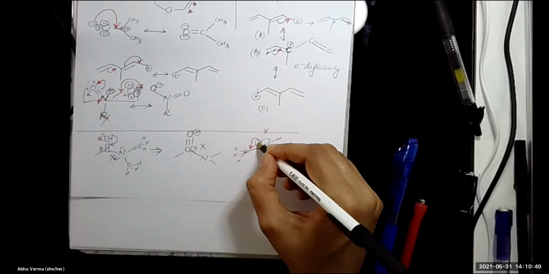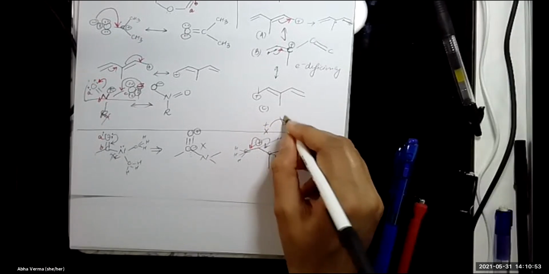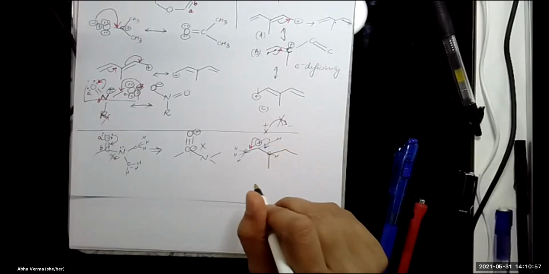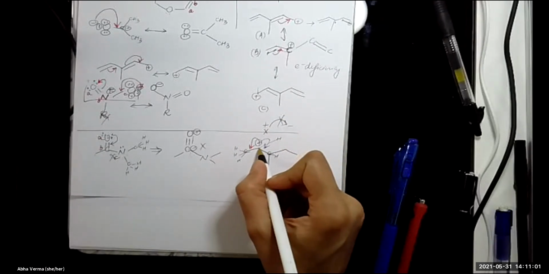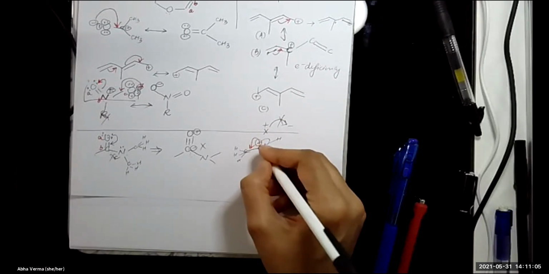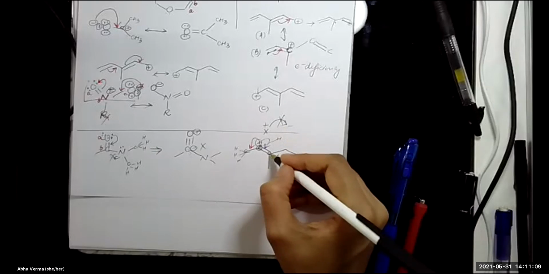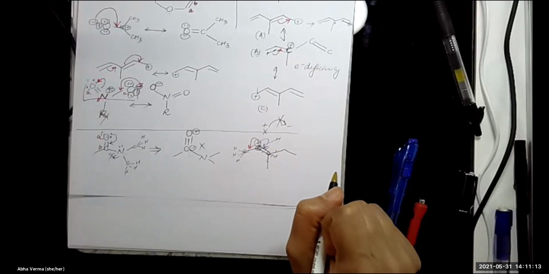Your arrow will never generate from a positive charge. Never, ever. Second of all, if you think you did generate it, you will get a double bond here, which will again violate your carbon's bonds: 1, 2, 3, 4, 5 bonds.